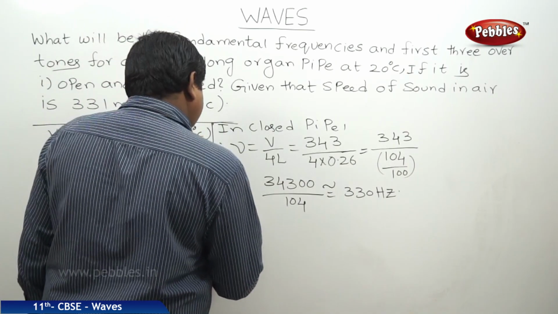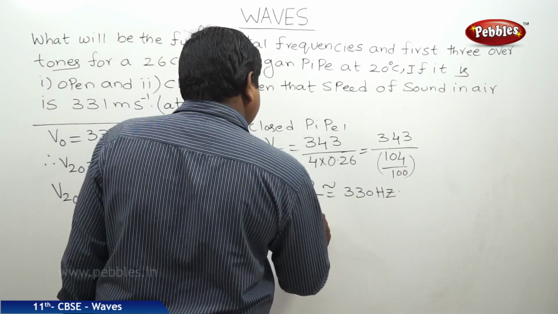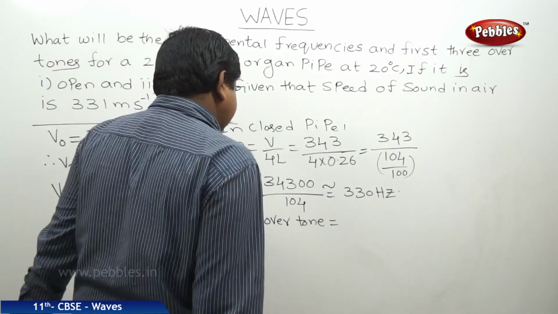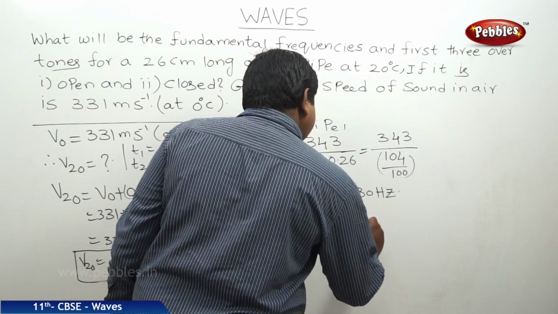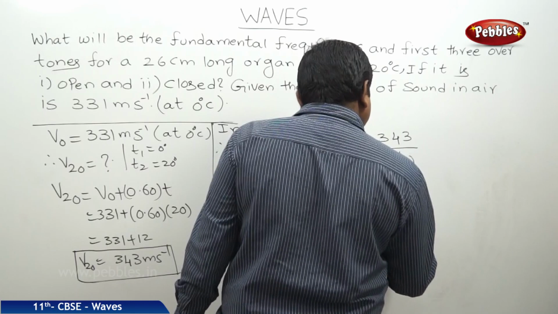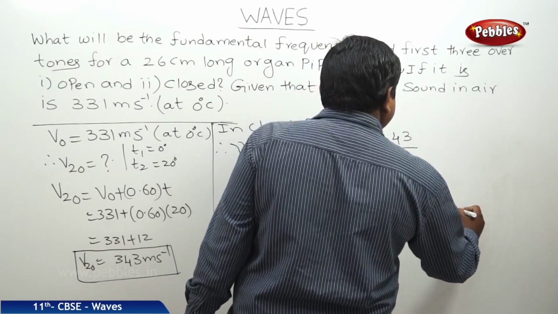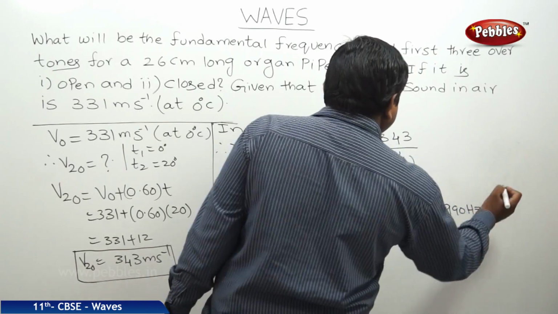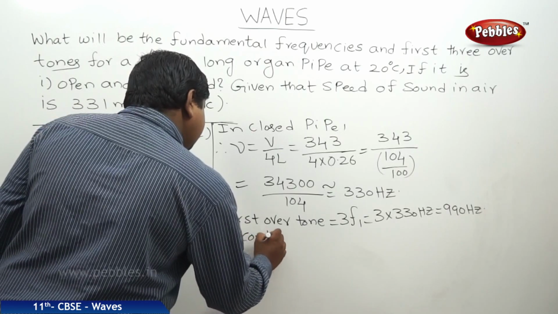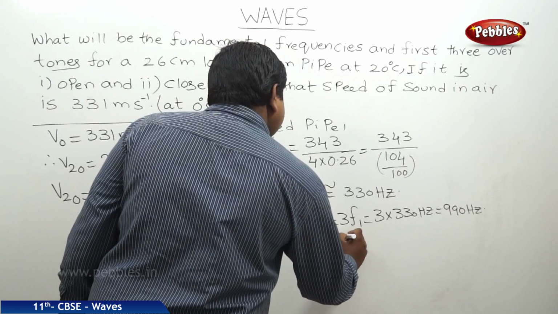And what about the overtones? The first overtone is 3F1, nothing but 3 into 330 Hz, that is equal to 990 Hz. Second overtone, nothing but 5F1.